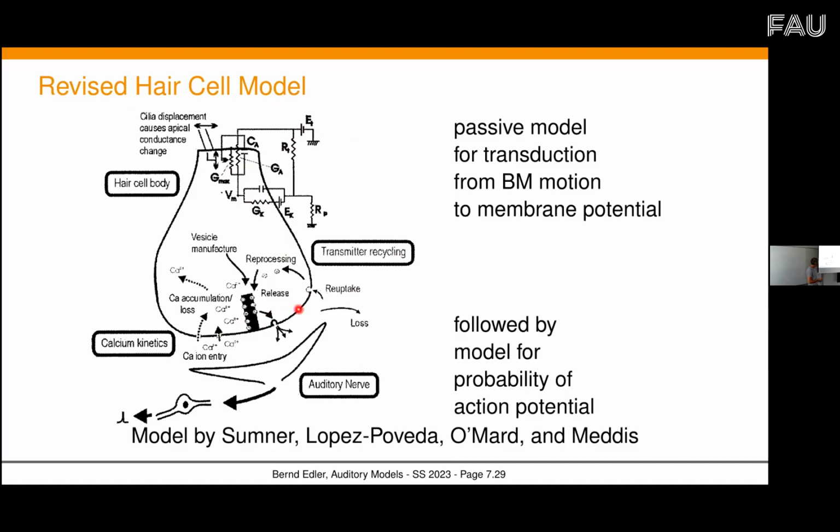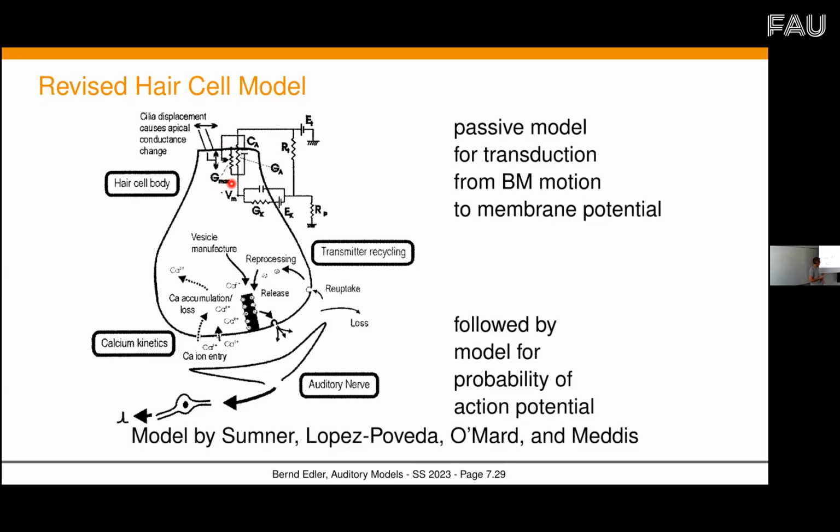And then what happens in this part is a separate model for the probability, so that they split it more or less, but it's not too different from the previous model, where we also had this nonlinearity in the control of the permeability of the throughput of the potassium ions by the displacement of the stereocilia.